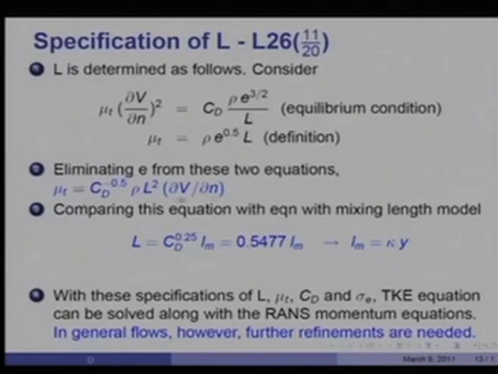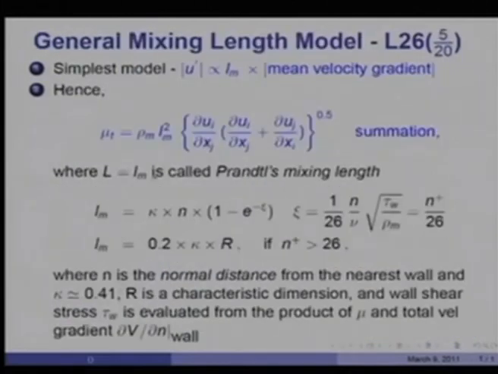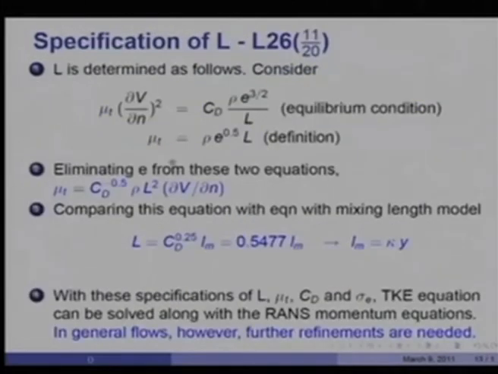Now, if I compare this equation with the equation of the mixing length model, you recall the mixing length model, mu t equal to rho Lm square into du dy, then I would see that L would now equal C d raised to 0.25 into Lm, which is 0.5477 Lm, and Lm equal to kappa y times the function that we normally use.